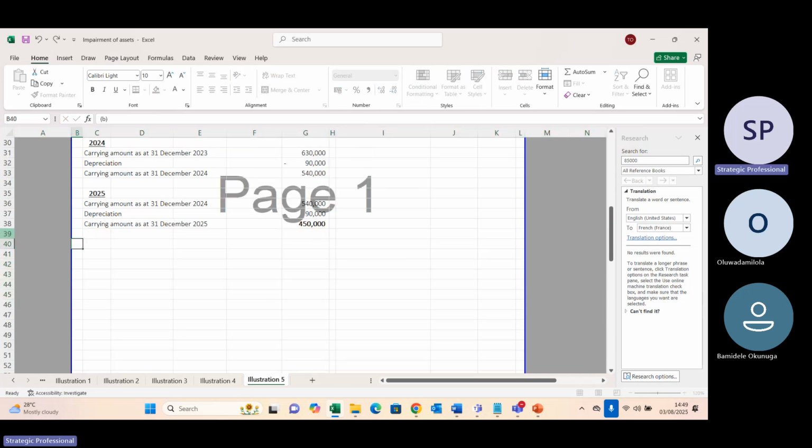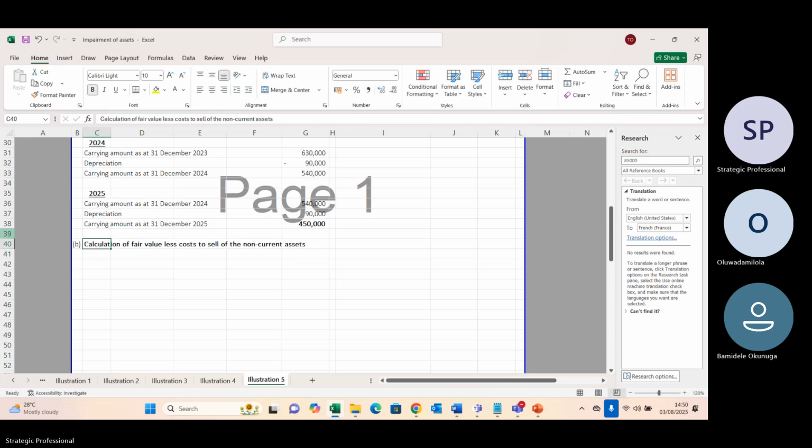So the B, calculation of fair value less cost to sell of the non-current asset. So fair value less cost to sell.